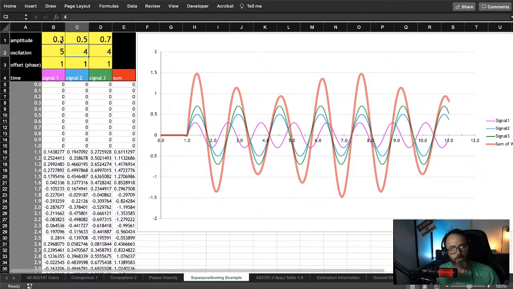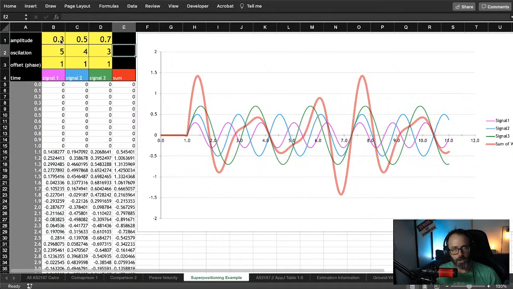We can see here that we've got a slightly different wave. It's actually shorter now, and that would indicate a higher frequency. So we've got 4, and then we'll go 3 here. Now we can see that our resultant wave is a little bit wibbly wobbly.